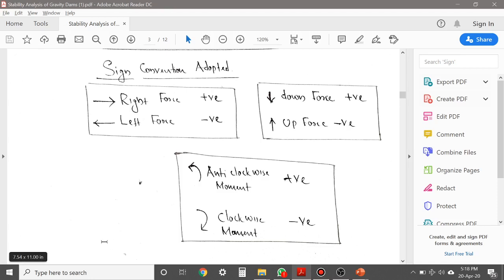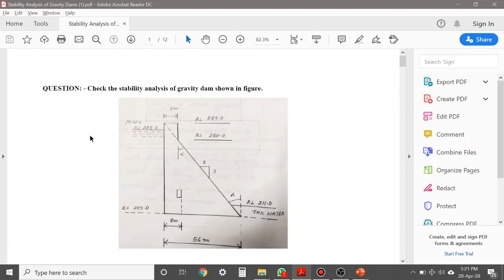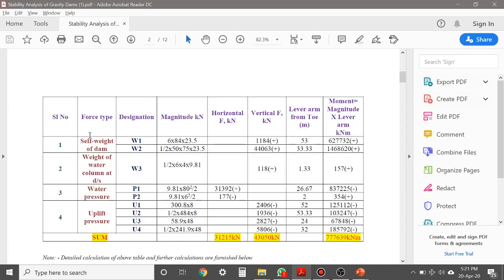Now let's start with the problem. At the beginning of the lecture, I told you three different types of forces we will consider for the stability analysis. See, this is the entire tabular column that gives you the types of force, its designation, magnitude, whether it is a horizontal force or vertical force, then lever arm from toe.